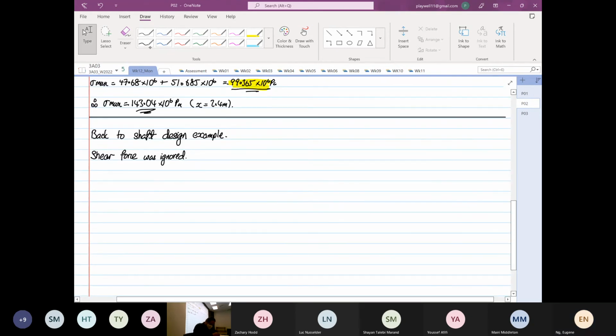So we have calculated, if you look at last week, our minimum diameter of shaft.